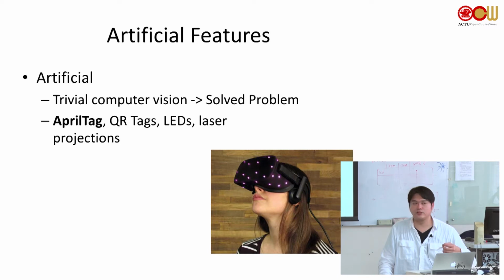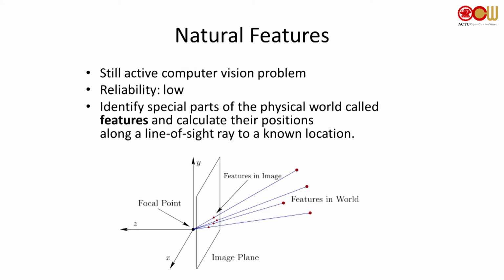So you cannot just use the April tag itself, work on some application, and publish that, because it's too well established. But if you could find another interesting problem and use this tool to solve it, then that would be interesting. And for natural features, it's still active because it's still very challenging, and reliability is relatively low.